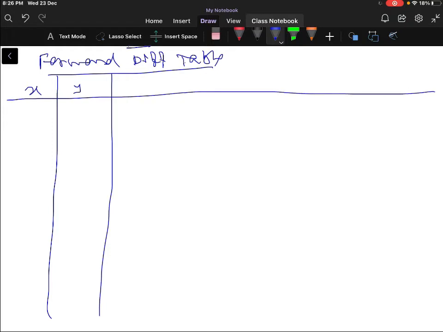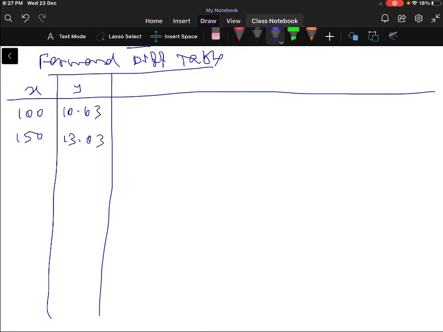Second column, let us consider the y values. X is 100, corresponding y is 10.63.